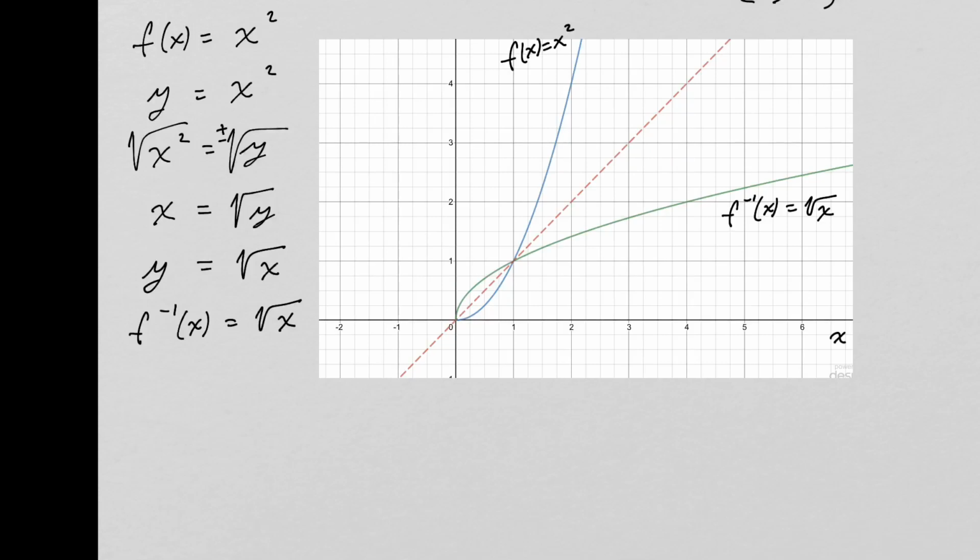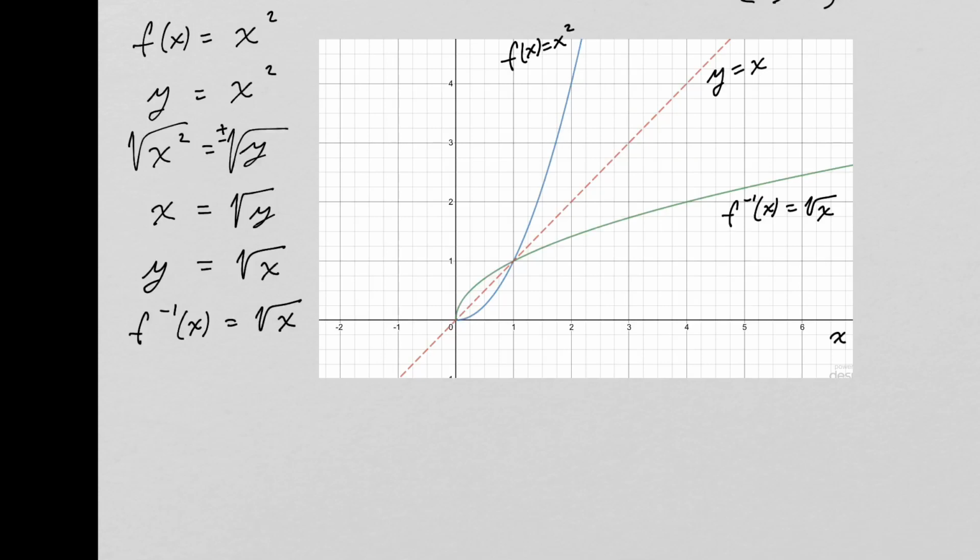Now notice a couple of things. First of all, if I plot that red dashed line, this is just the identity function, y equals x. Notice that the original function, so the x squared function, and the square root, the inverse function, they're symmetrical about that line y equals x. And that's going to be true for any function and its inverse. They're going to always be symmetrical about that line y equals x.